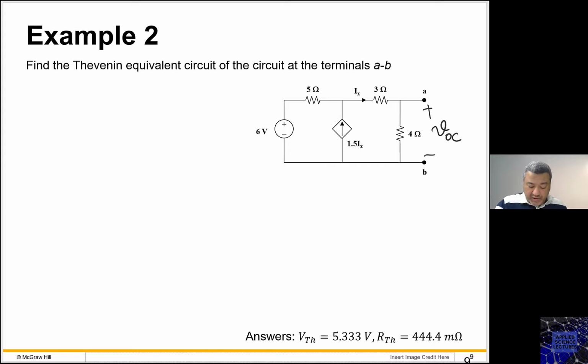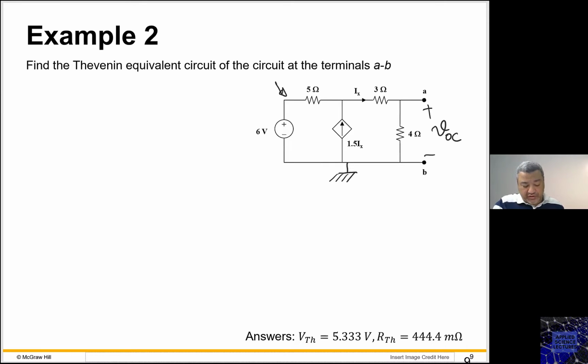So if I put my reference here, if I do nodal, or you can do mesh, it's up to you. Whatever you want works. In this case, nodal analysis, when I have voltage sources, basically reduces the number of equations because now the voltage right here becomes known.